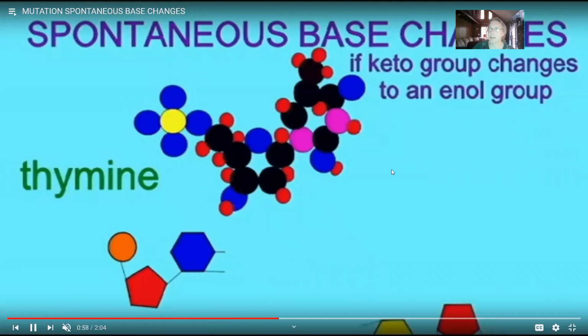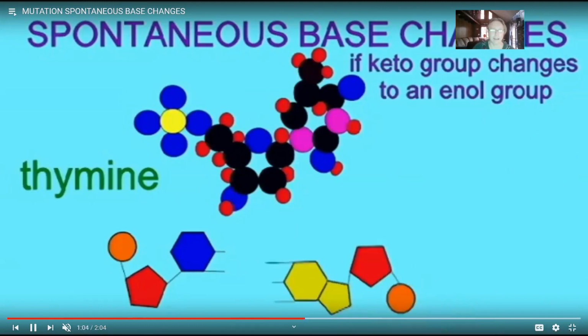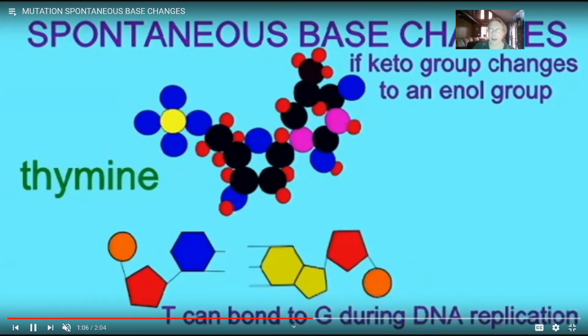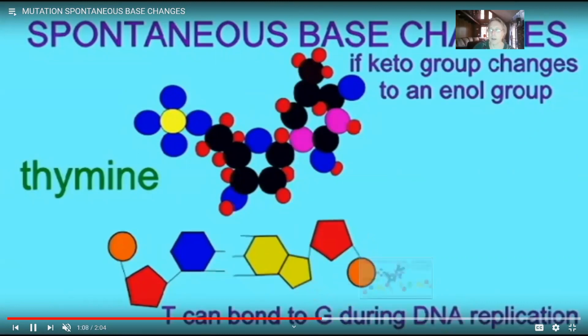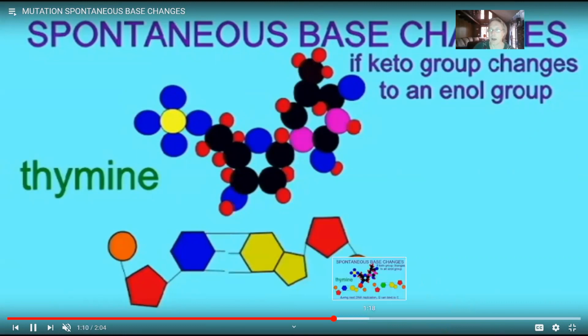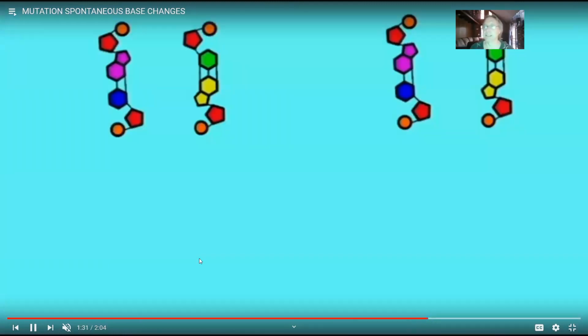And so keto groups can change to enol groups, which are just an OH, and this can then change the pairing here. So just another source of mutation is spontaneous nucleotide changes.